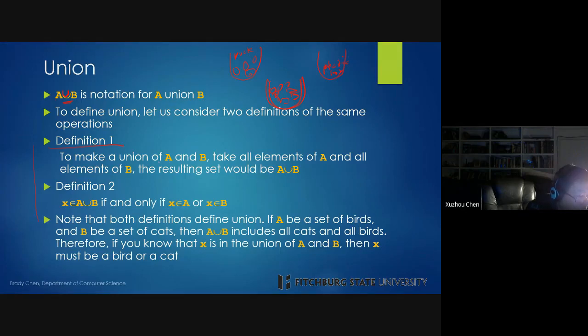To make a union of A and B, take all the elements of A and all the elements of B, and the resulting set would be A union B. That means you mix the elements of both into one bucket. So they create another new set. The new set contains the elements of A and the elements of B.